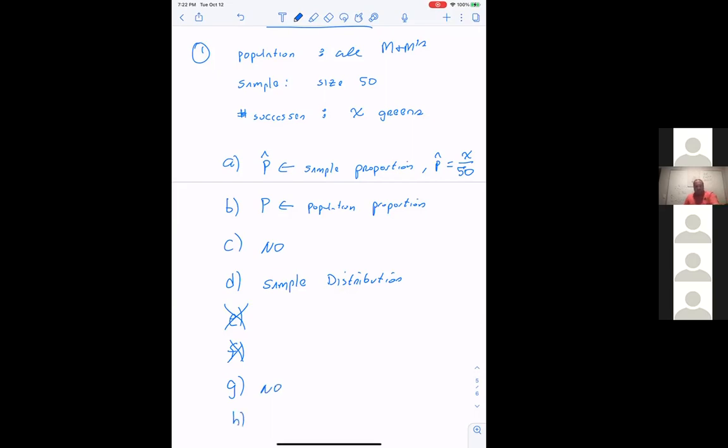H. Even though sample values vary depending on the sample, there's still a pattern in the variation. In other words, we still have a distribution. We still have a graph that says the samples are likely to be here, not likely to be here. We saw that on the applet, right? We saw that while one at a time had its own shape, samples of 2 at a time or 3 at a time or 4 at a time, they each had their own shape as well.